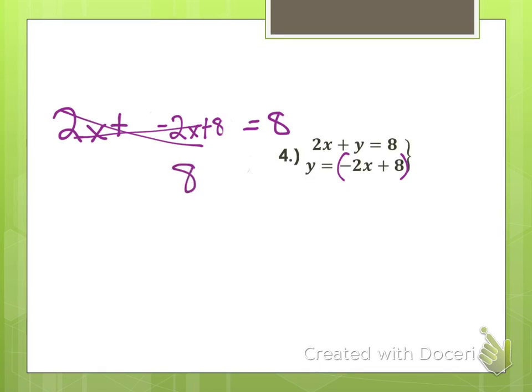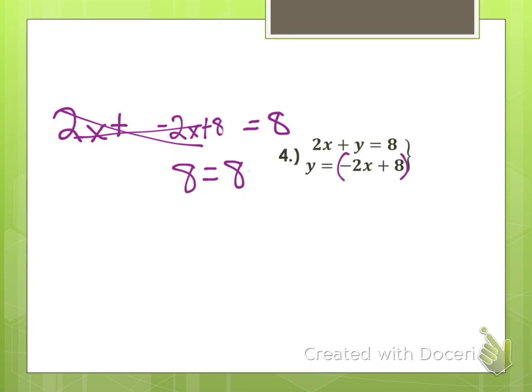We are left with 8 equals 8. Okay. We can't actually solve for a single value of x. If they cancel each other out totally, they're completely gone, you're not going to be able to solve for a single value of x. So now this is going to turn into a special case.